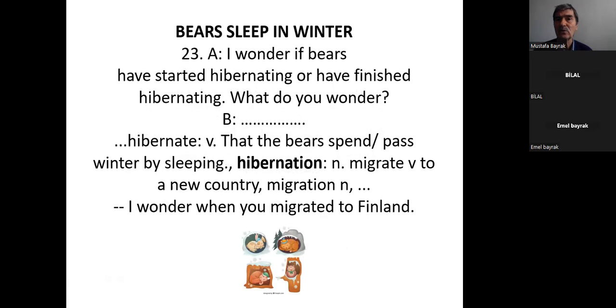Bears sleep in winter. Yes, bears sleep in winter. Okay. I wonder if bears have started hibernation. Hibernation is the state in which bears sleep. Okay, or have finished hibernating.